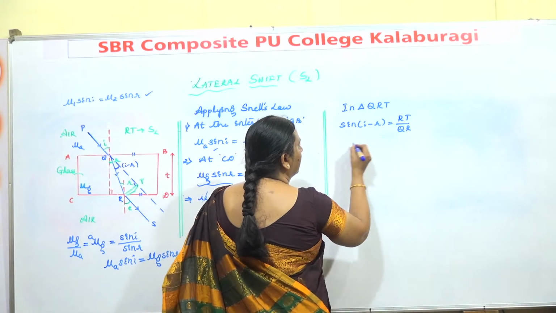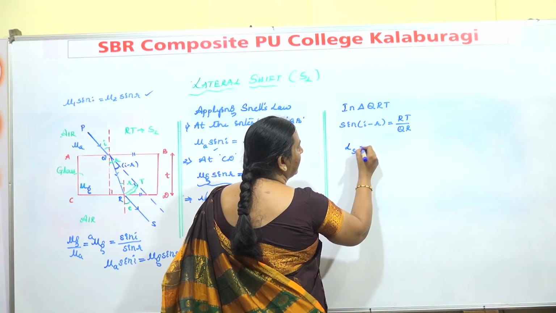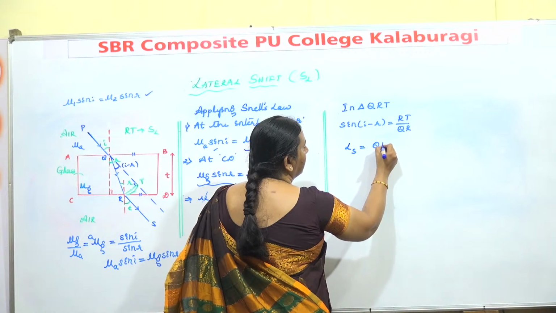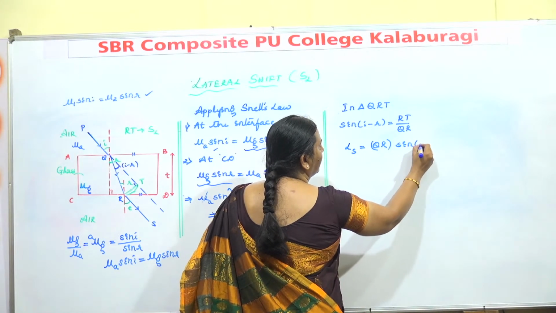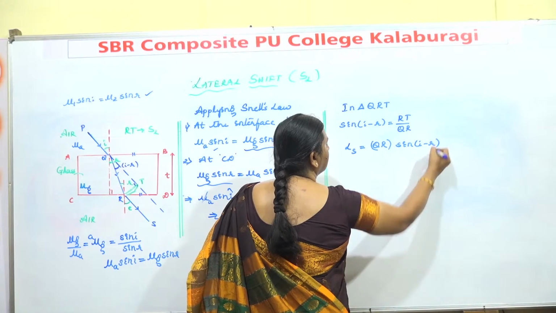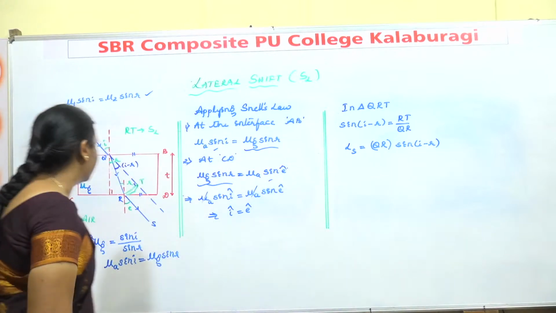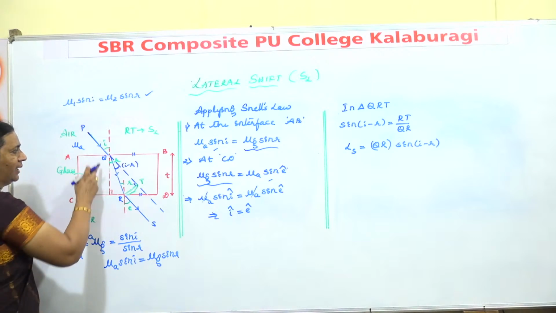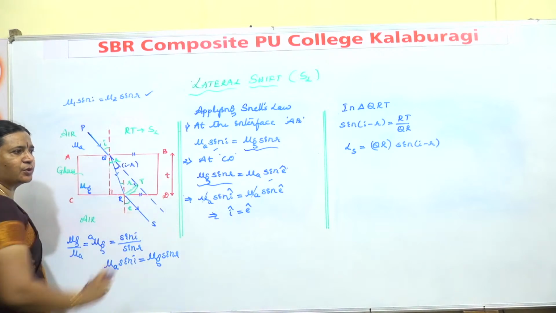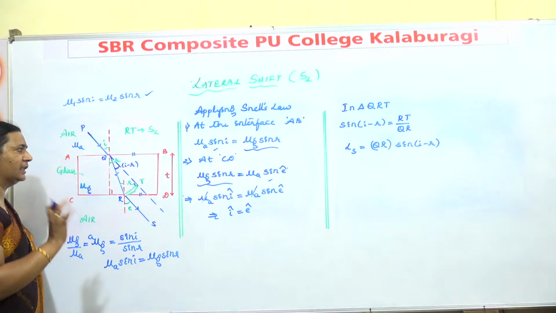Therefore, RT is nothing but LS. So LS, what can I write then? QR into sine of i minus r. But QR we don't have any information. So instead of that, let us express in terms of the thickness of the glass slab.